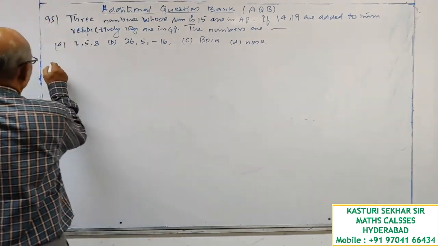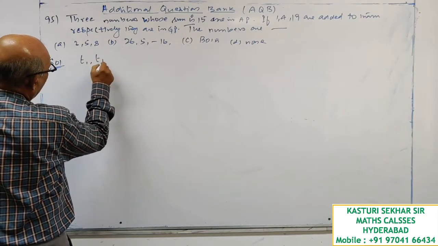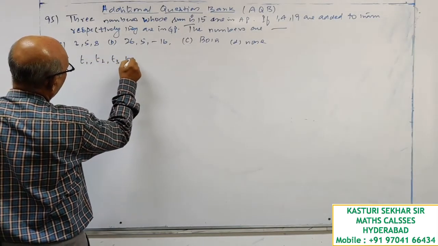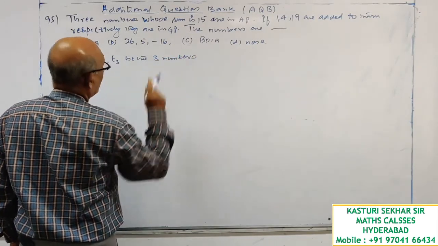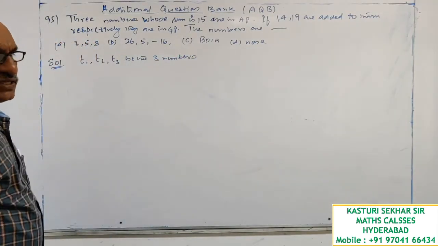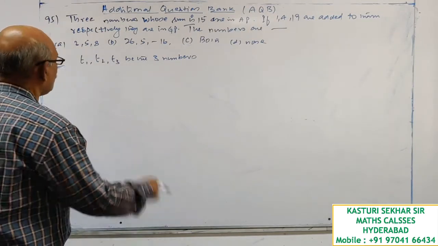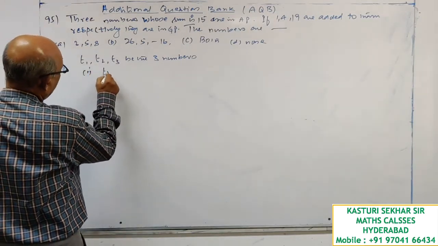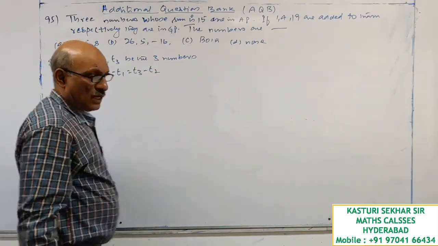Now sir, see the conditions. T1, T2, T3 be the three numbers. What is the first condition they have to satisfy? They are in AP. So T2 minus T1 is equal to T3 minus T2.